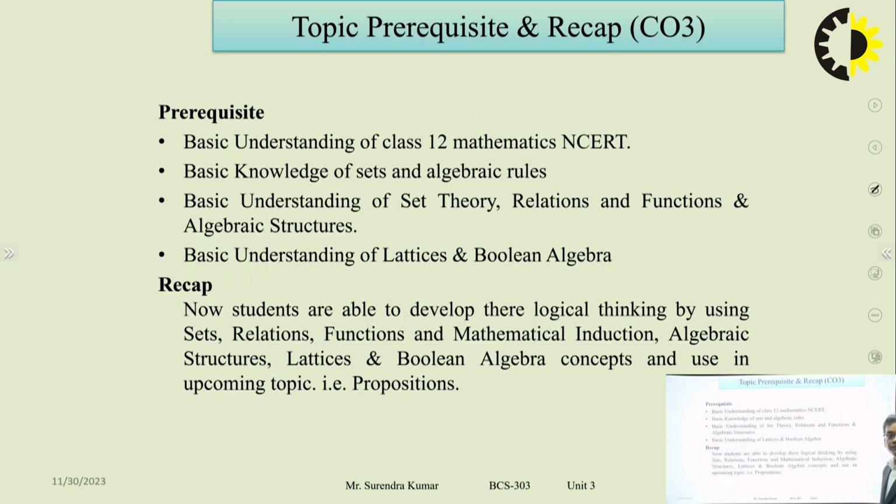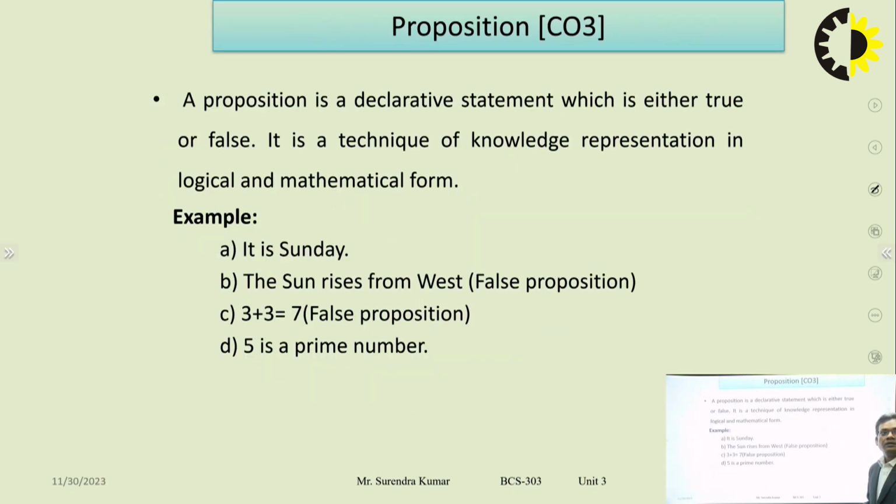Now, what is a proposition? A proposition is a declarative statement which is either true or false. We have a number of statements which may be true or may not be false, but in a proposition we consider only those statements which are only true or only false.